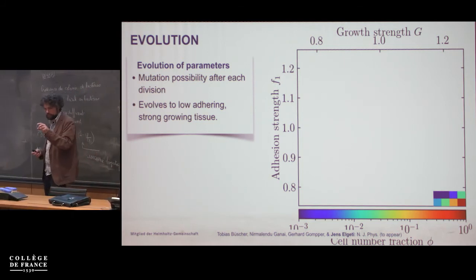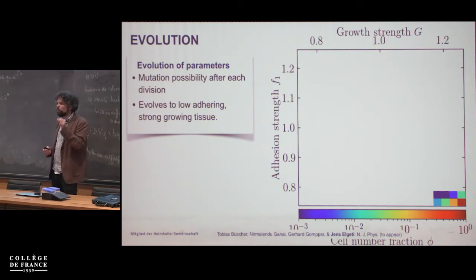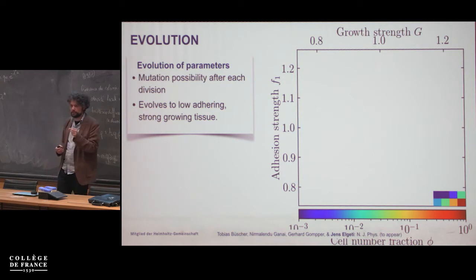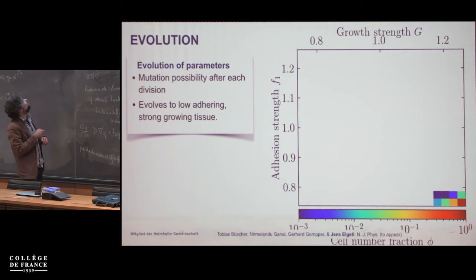So cadherins, that's the adhesion molecules between cells. They are also signaling molecules. They are also molecules that tell the cell, grow. So you can easily imagine that if the cell downregulates cadherins, adhesion goes down, but also growth signaling goes down. So these two parameters become coupled.